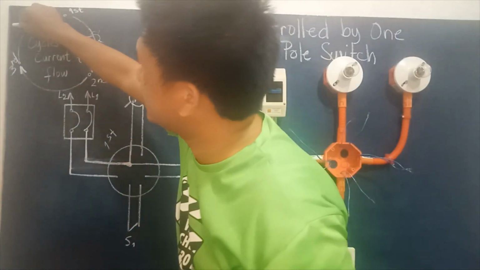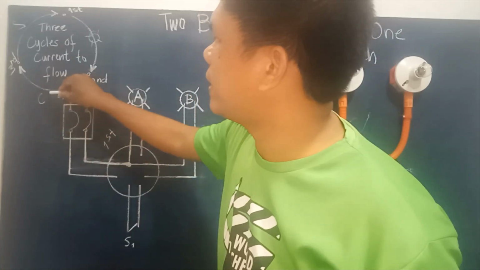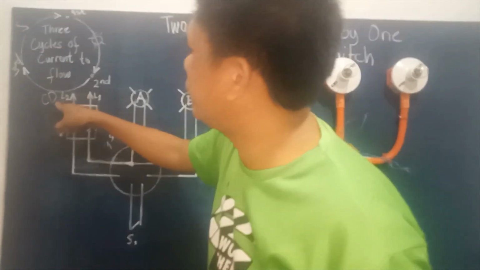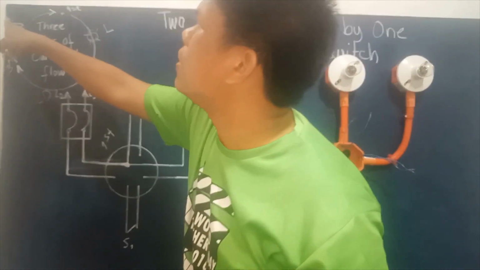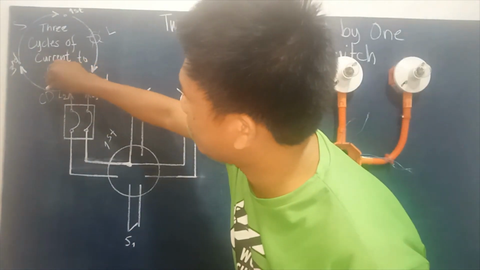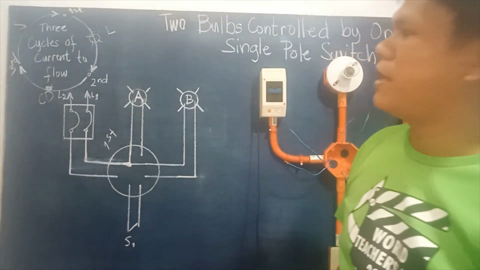Dito yung source natin guys. At dito yung control device natin guys. Yan, CD. Control device, this is our load and this is our source. Yan, kuha na guys. So around this part, dito yung ating control device or switch.